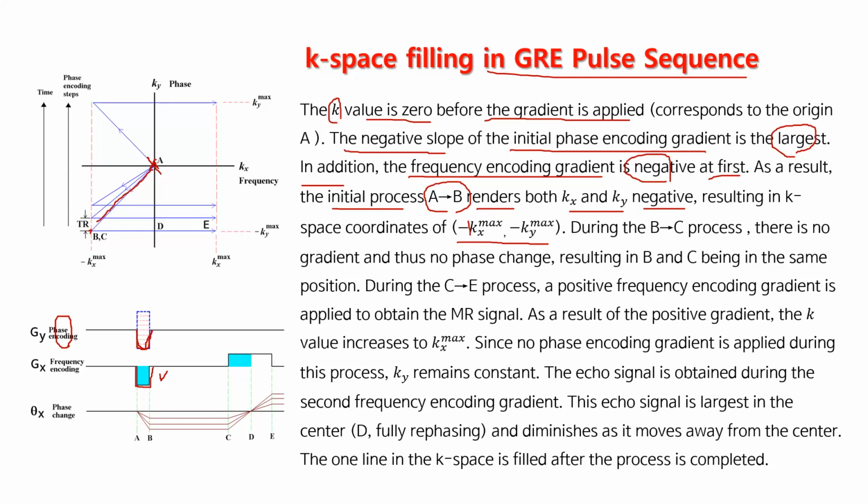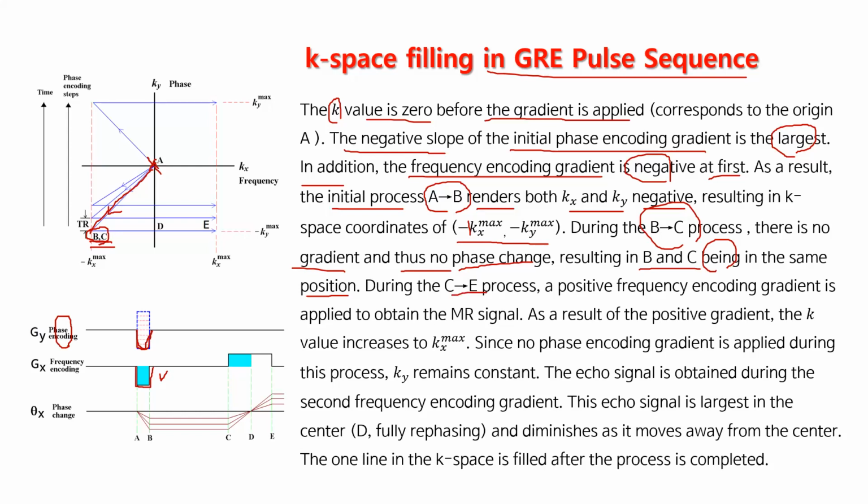Okay. During the B to C process, there's no gradient and thus no phase change, resulting in B and C being in the same position.